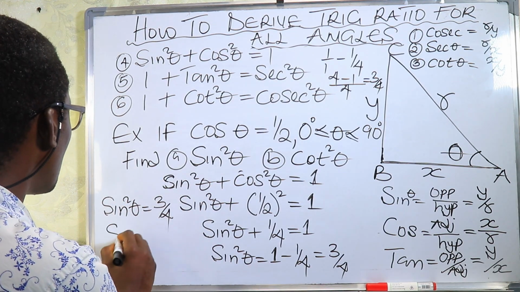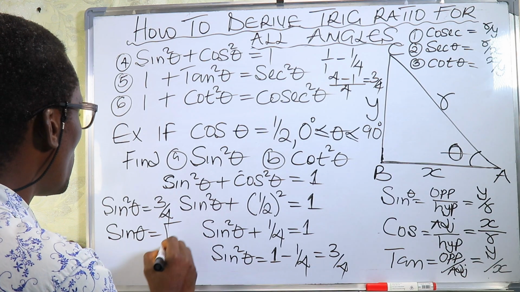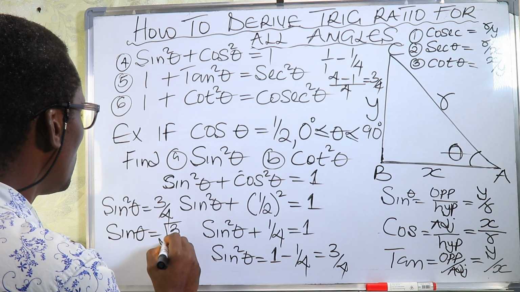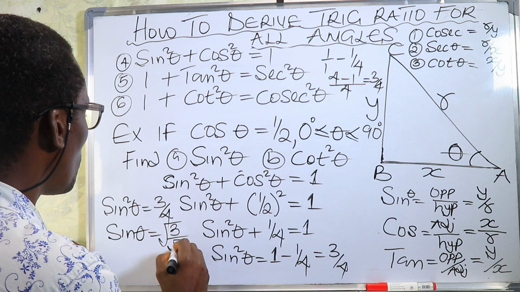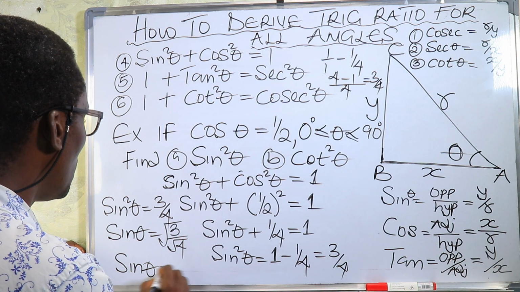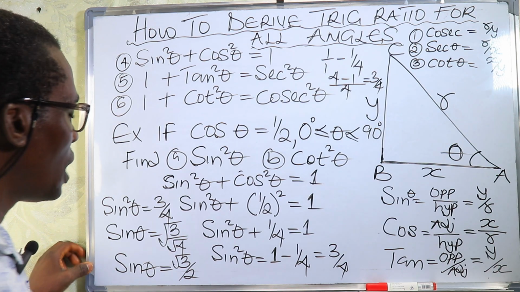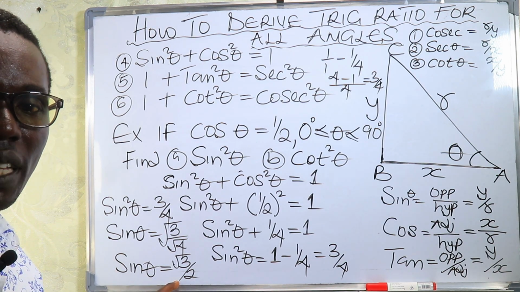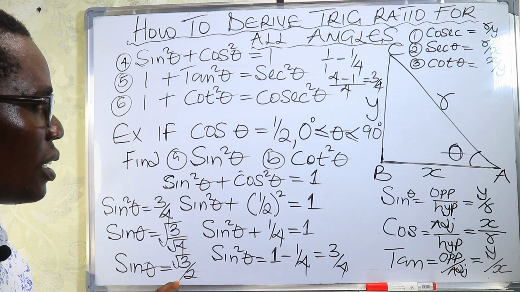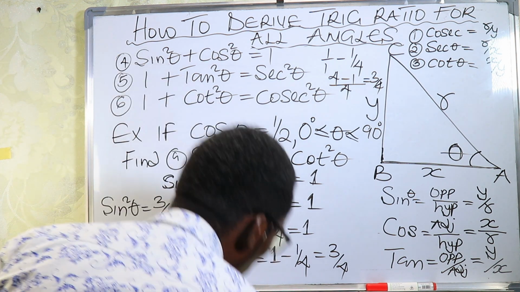From here, our sine theta will be equal to the square root of 3 divided by the square root of 4. That means say our sine theta will be equal to square root of 3 divided by 2. Now we don get these two.